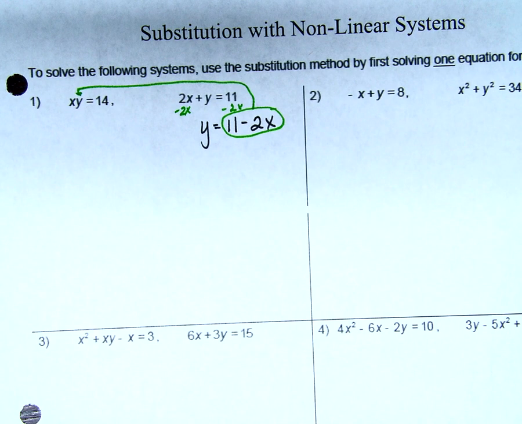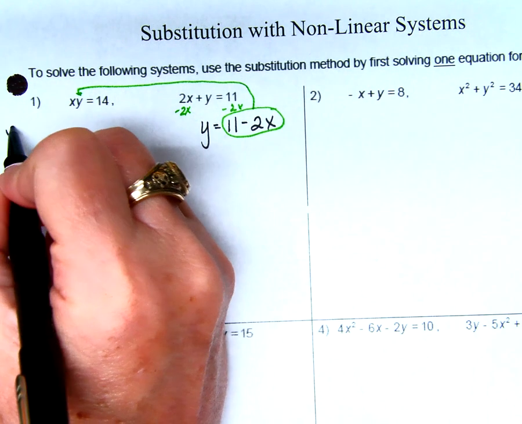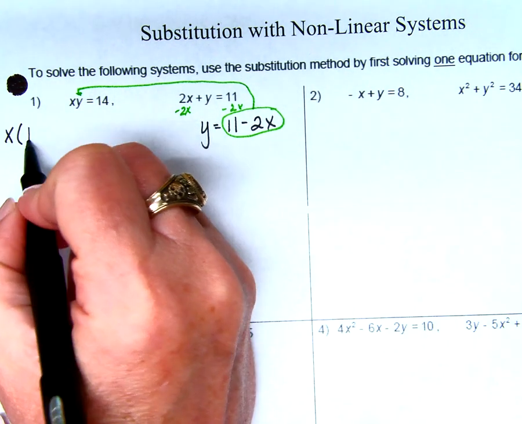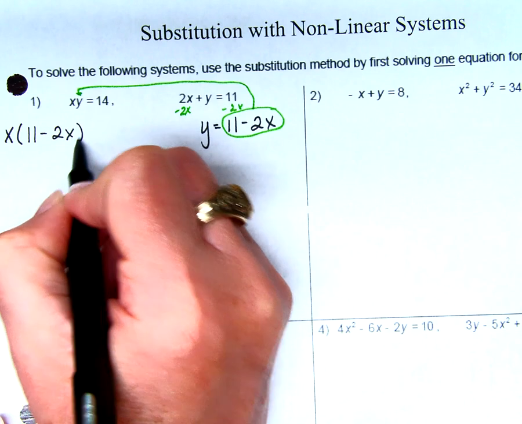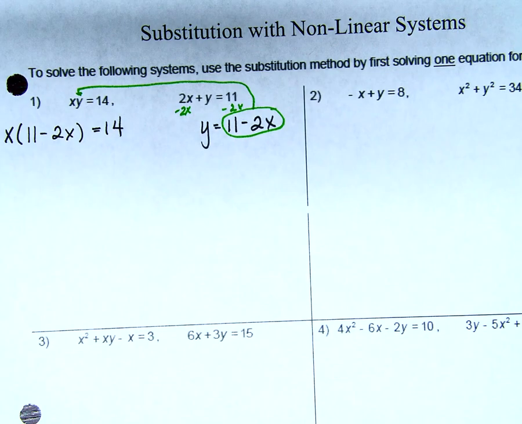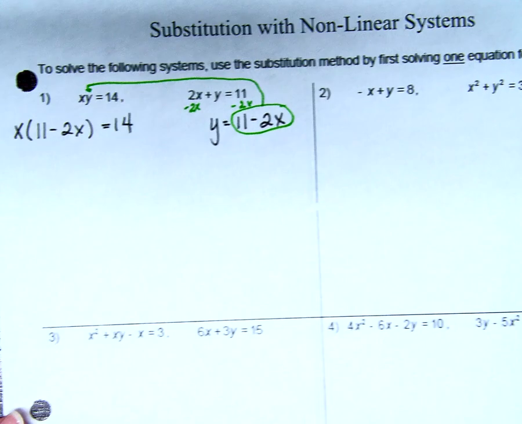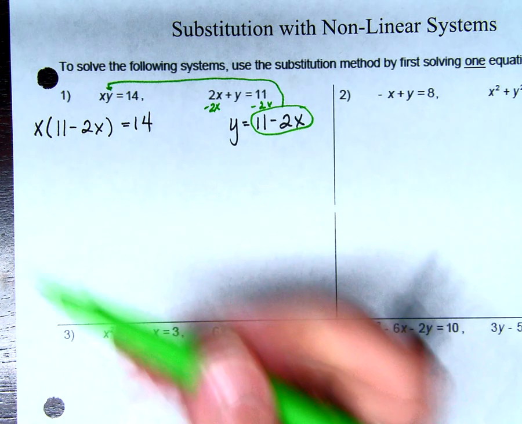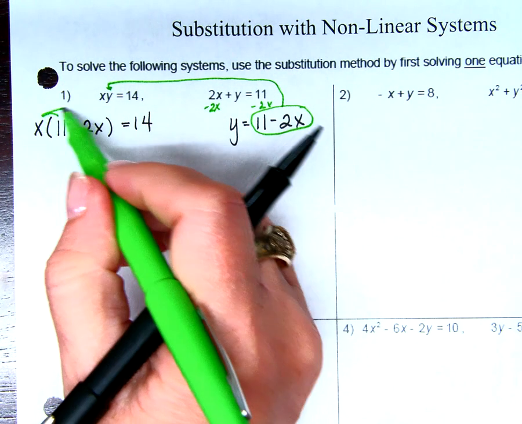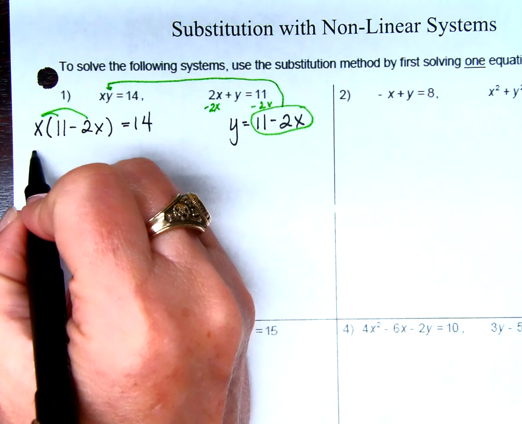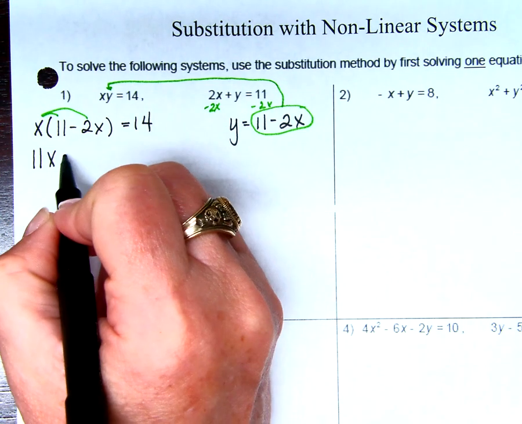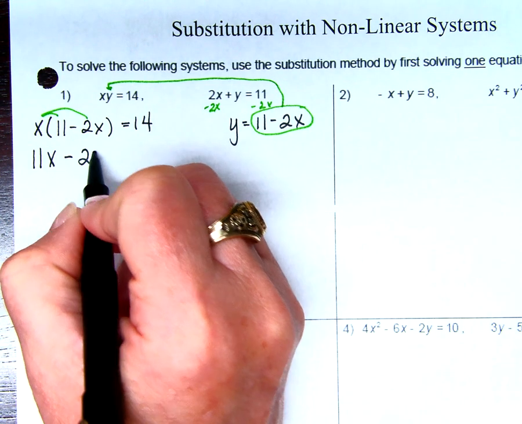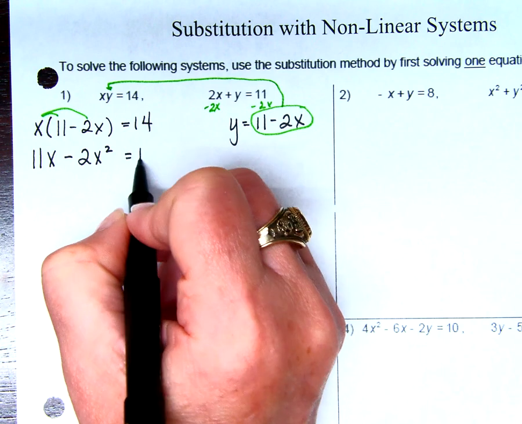So now I have x times 11 minus 2x equals 14. Now what do I need to do? Distribute, very good. Excellent math vocabulary. 11x minus 2x squared equals 14.